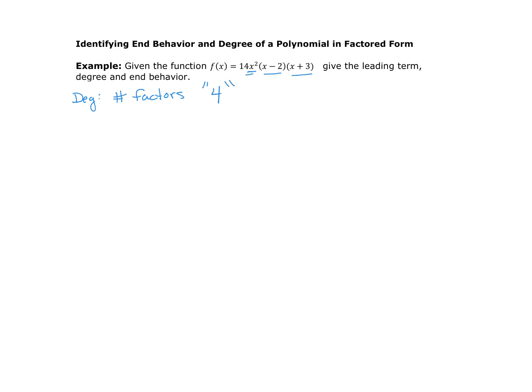Our leading term, if we think about just in general, if we multiply these together, we'll get an x squared. And then when we multiply that by 14x squared, we're going to get 14x to the 4th. So this is an even degree with a positive coefficient.